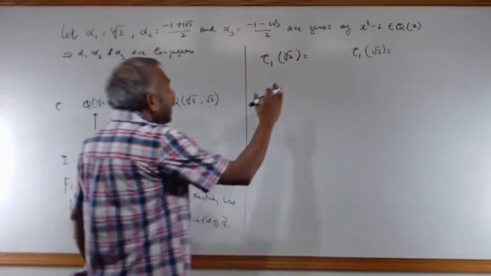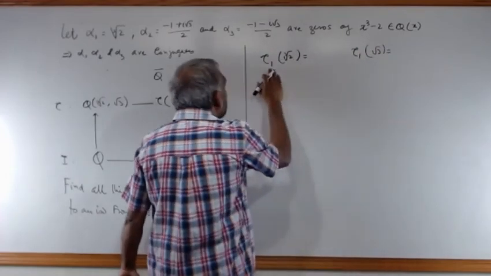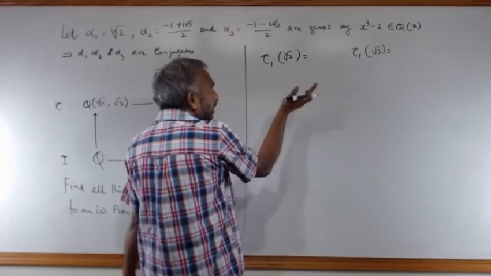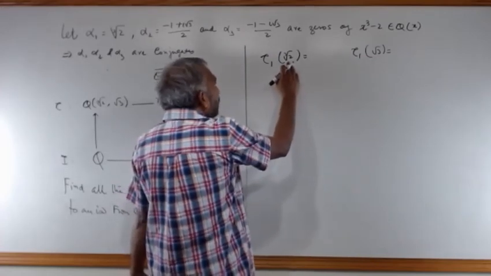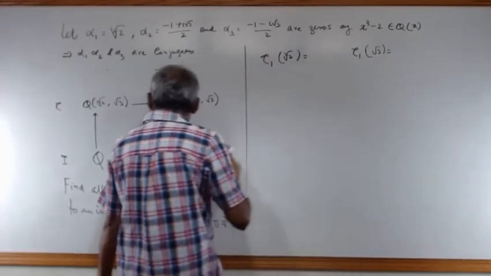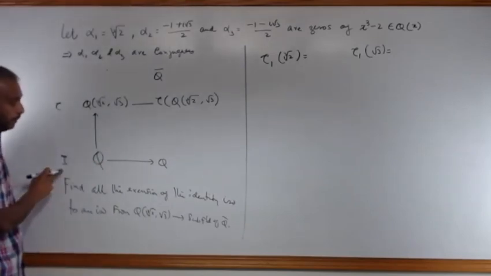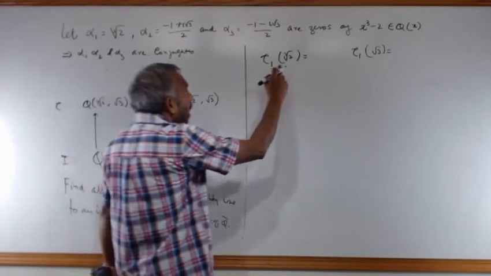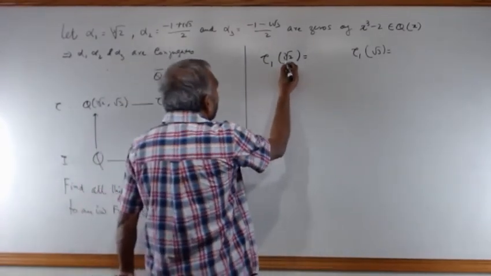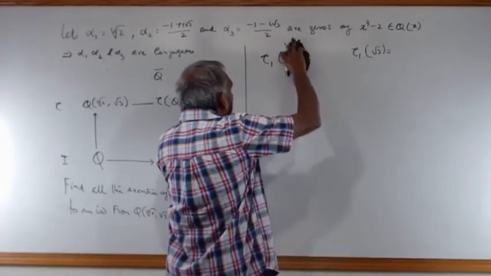So you can give any values here, any values that will make tau1 an isomorphism. That's the only restriction, because this cube root of 2 and root 3 do not affect the identity map. These two are outside Q. That's why. So instead of writing cube root of 2, I'm going to write it as alpha 1.